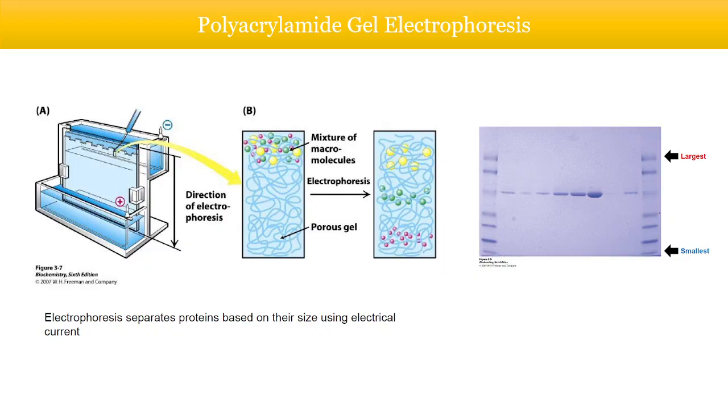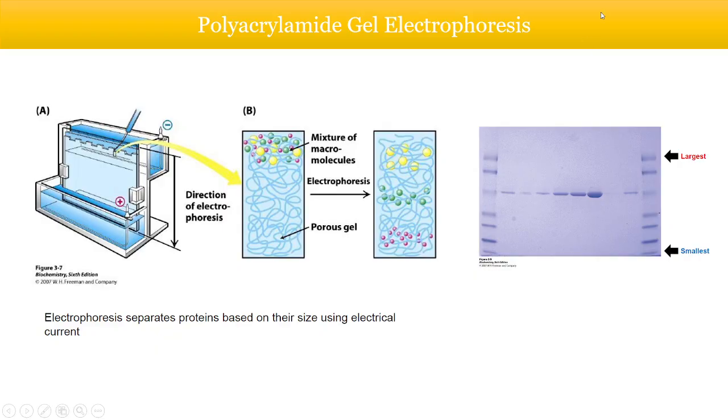Basically the size, because the shape does not remain. Why am I saying it? Because in SDS-PAGE, sodium dodecyl sulfate polyacrylamide gel electrophoresis, all the proteins are uniformly negatively charged, and that is why they are separated just based on their size.